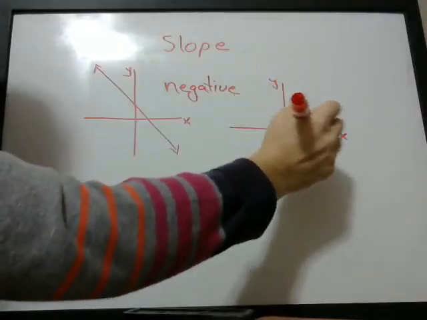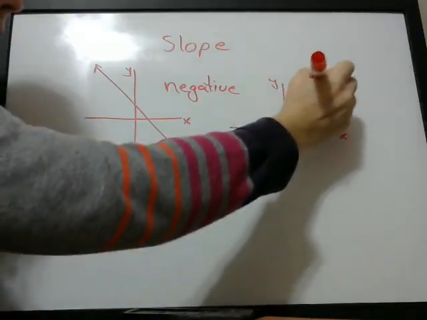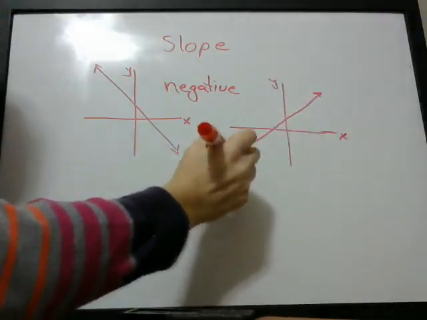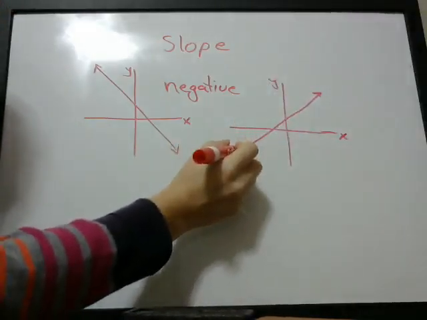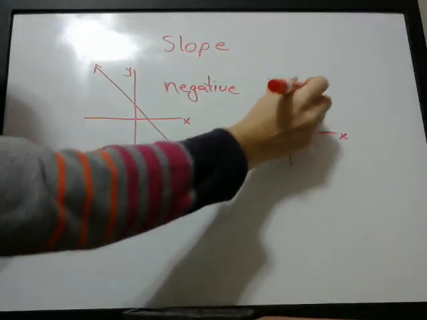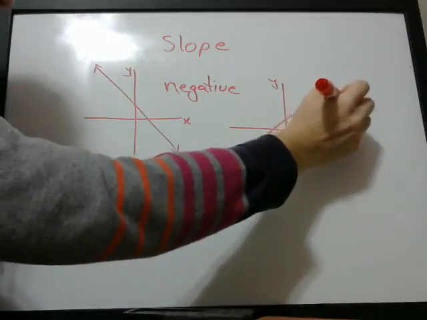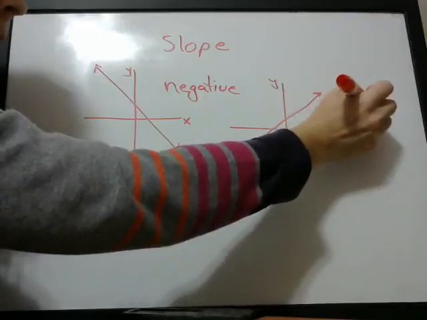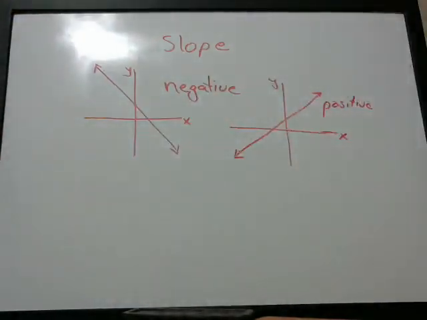Similarly, if you have a line, and let's say you're standing on the leftmost part, and you're going uphill, you're going to have a positive slope. So it's just going to be a regular positive number.